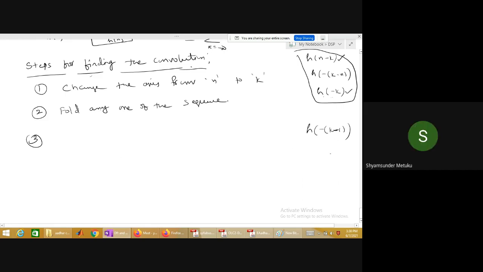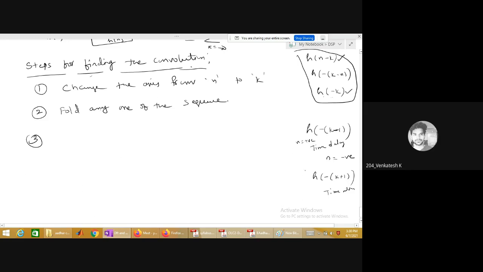Let it be n equal to minus 1. Then it will be h of minus k plus 1, no? So the folded signal is advanced, yes or no? Time advance. It is delay for n positive. If n is negative, it is time advance. Agree?